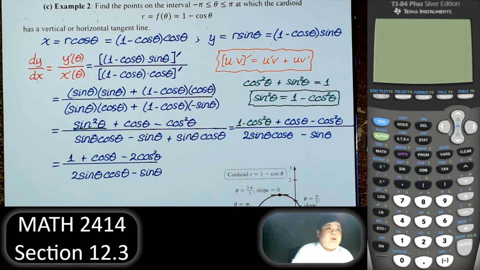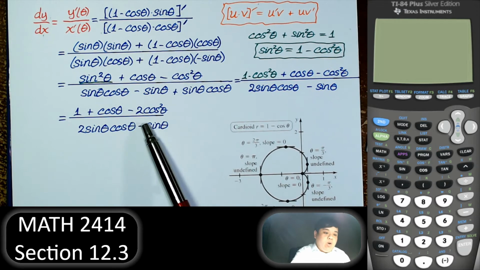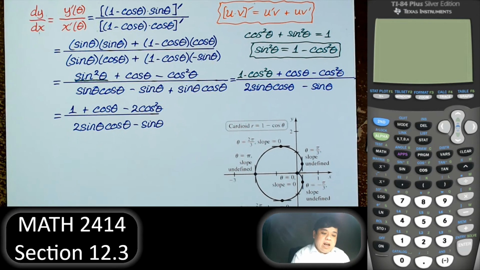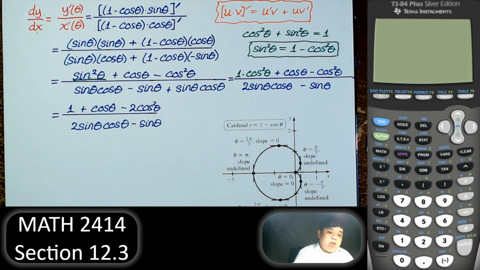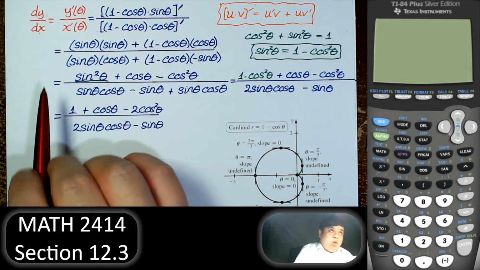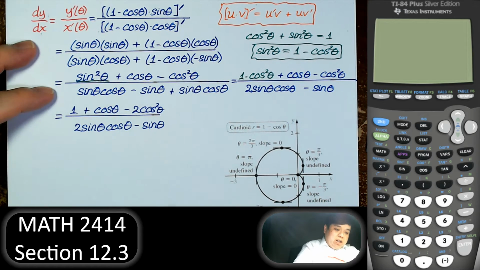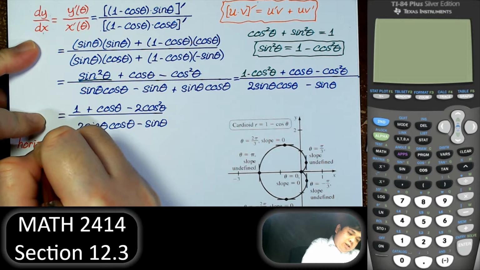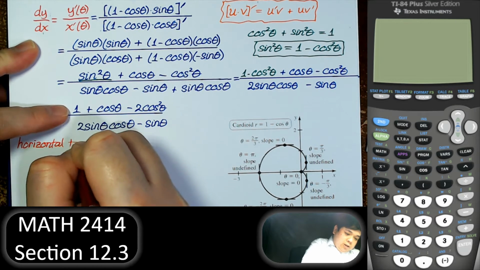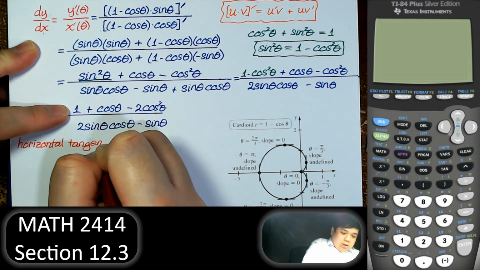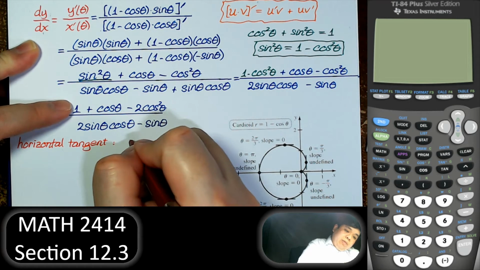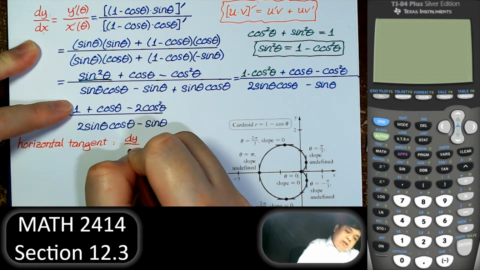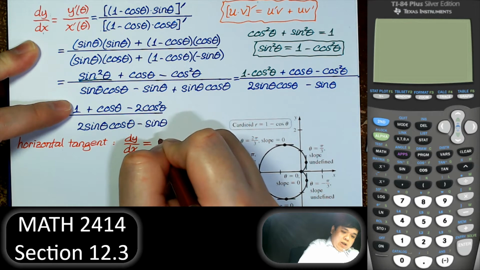Now if we want the horizontal tangent, we'll run out of space to solve it because that's quite complicated here. But if we want the horizontal tangent line, we will have derivative equal to 0. So I will write this down. If we want horizontal tangent, meaning that we want the derivative equal to 0.